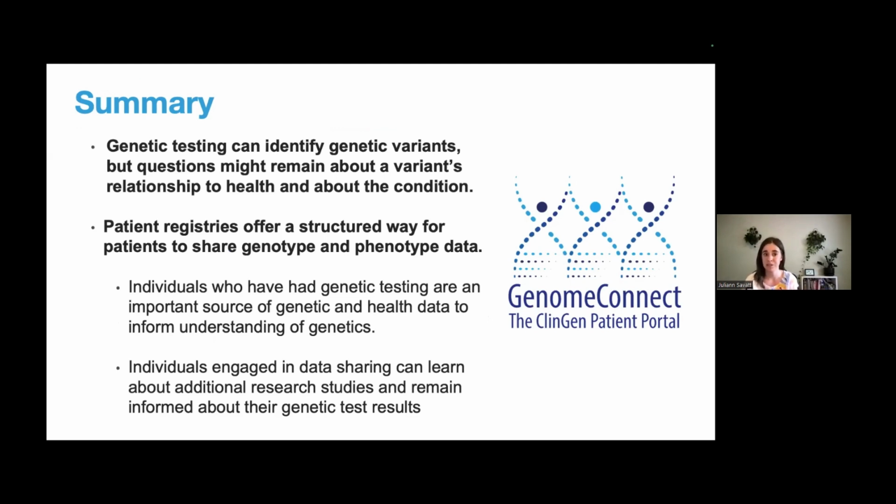It can help us answer questions around, is this gene tied to disease? Is this variant pathogenic? And there are some benefits back to individuals, like being able to connect with others and being able to receive updates about genetic test results over time.